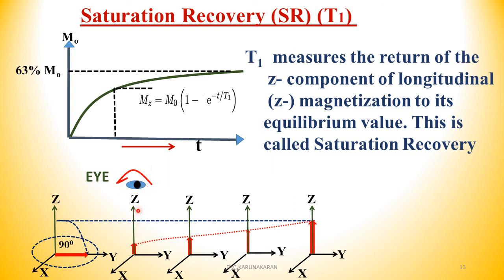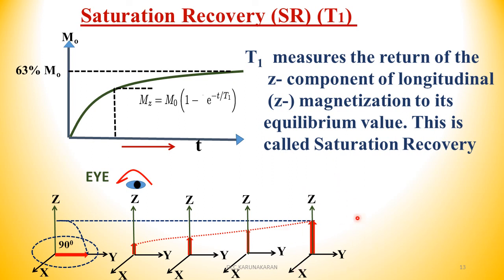In the beginning there is zero magnetization along the z-axis because we have applied the pi by 2 pulse. With respect to time, the magnetization returns, and finally, after a certain time, it will reach the equilibrium value.